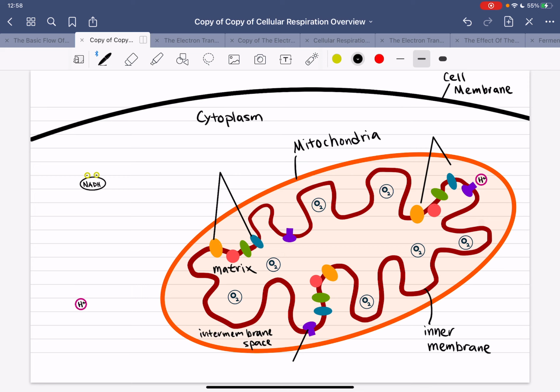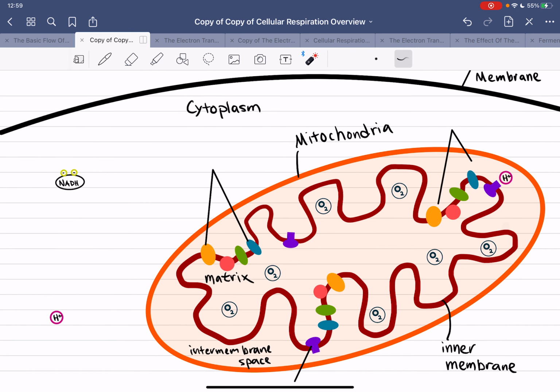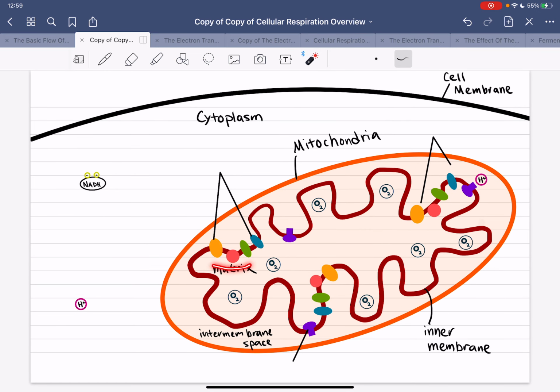So slowly releasing the energy of those electrons as they're passed. We're going to use that energy to make ATP. So each of these collections of little colored blobs, orange, pink, green, and blue, that represents an electron transport chain.